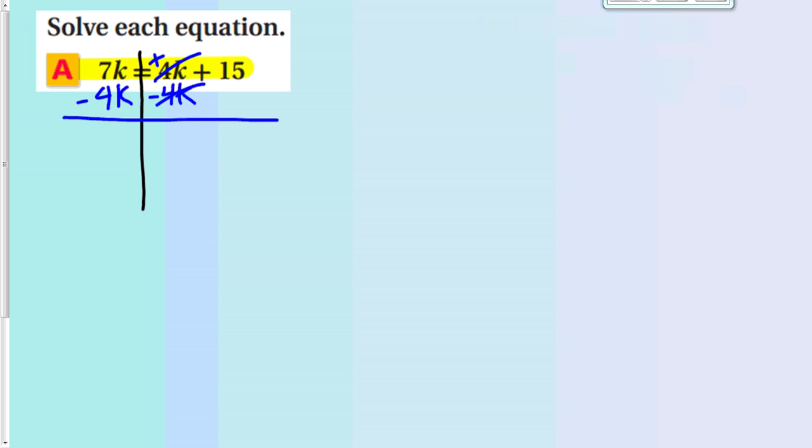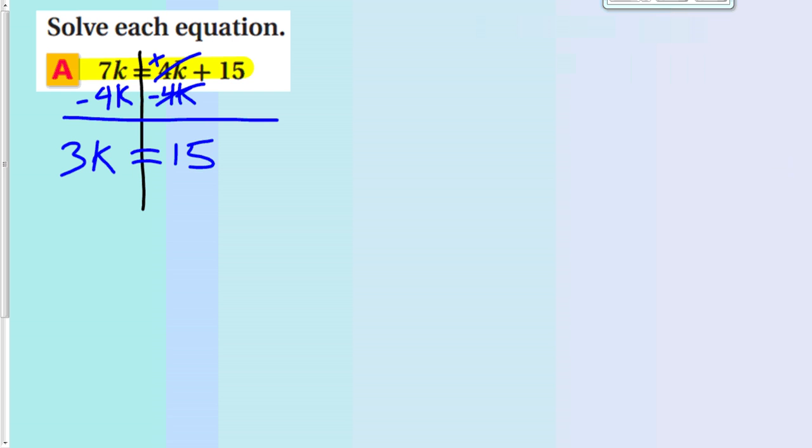So that would be saying 0 plus 15 on the right side, but really I don't need to put the 0 there because 0 plus anything is just itself. So we have 15 left on that side, and I'm also taking 4k away on the other side. So 7k minus 4k is 3k. And there we go. We've combined our variables on one side of the equation, and now we can go to step 3 and solve for the variable.